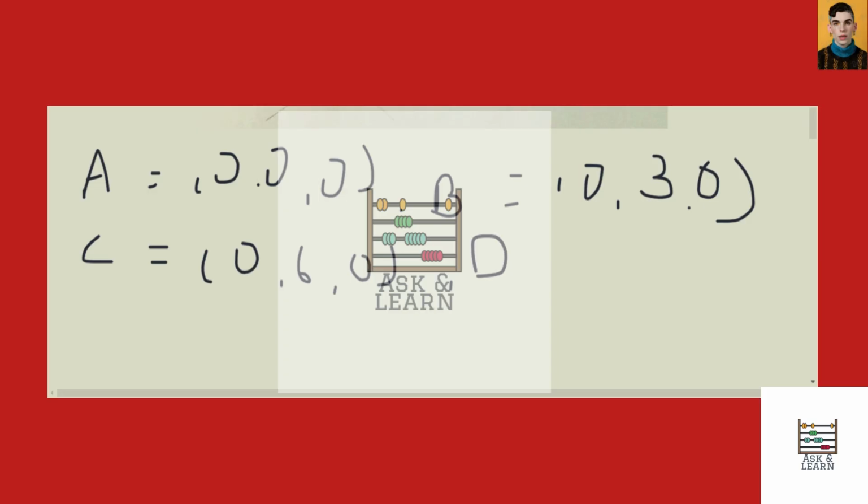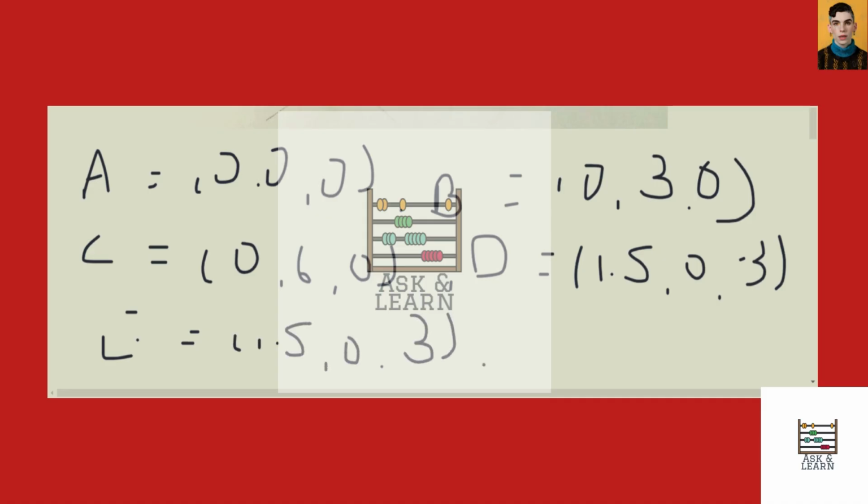D is equal to 1.5, 0, minus 3. E is equal to 1.5, 0, 3, and F is equal to minus 1.5, 0, 2.